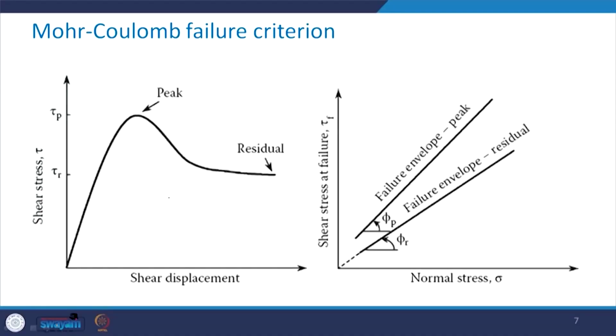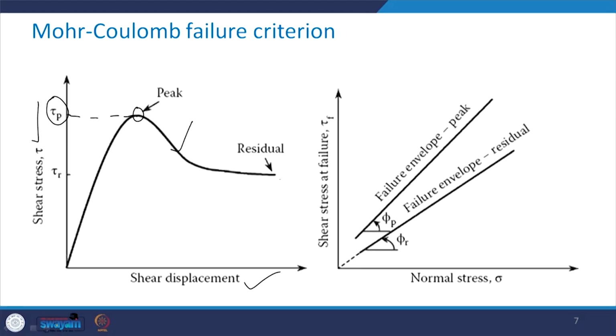Take a look at this picture. Here on the y axis you have the shear stress, and on the x axis you have the shear displacement, and you can draw the stress-displacement curve like this. Wherever you get this maximum value, this gives you the peak value of the shear stress.